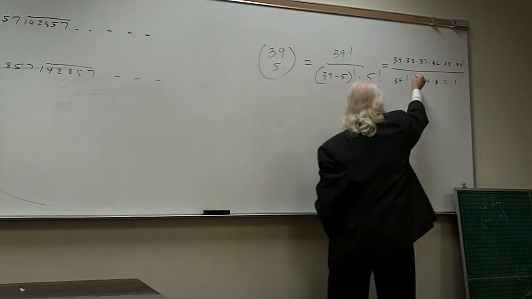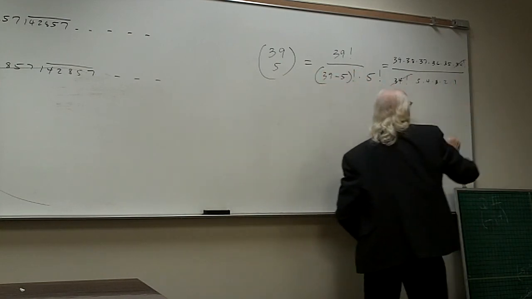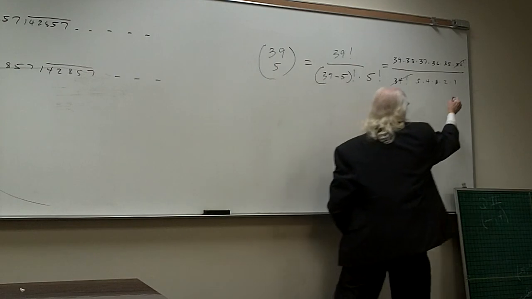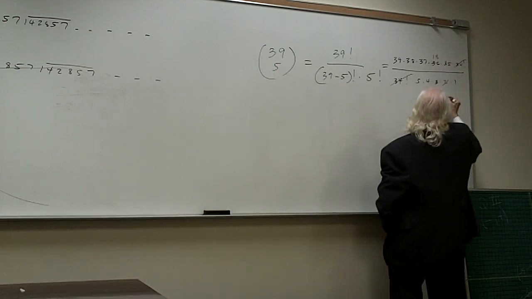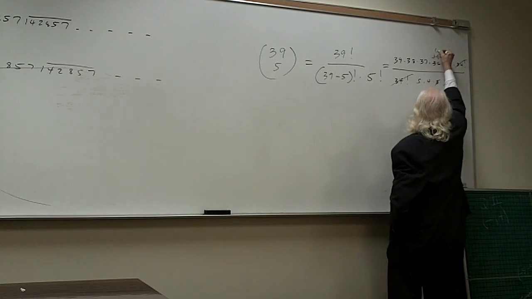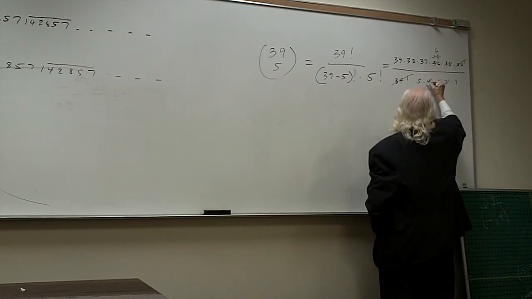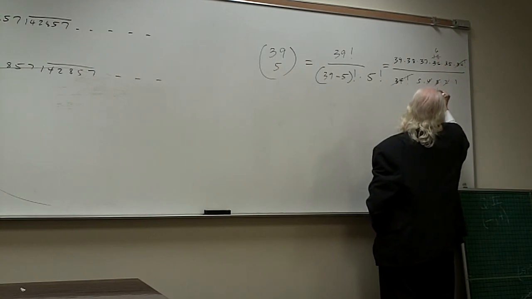Now this will cancel, that will cancel, the 2 will cancel with what? That's 18, right? 3 will cancel, 3 times 6 is 18. 4 will cancel with what? 38.